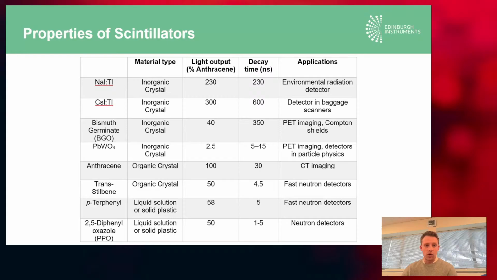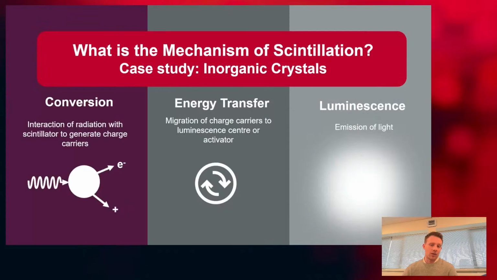So we can see broadly that inorganic crystals will have quite a large light output but quite long decay times, whereas organic materials will have a lower light output but are able to resolve faster events. So these are what are used for fast neutron detectors and high energy physics, whereas inorganic crystals can be used in baggage scanners or environmental radioactivity detectors, which don't have to detect so quickly.